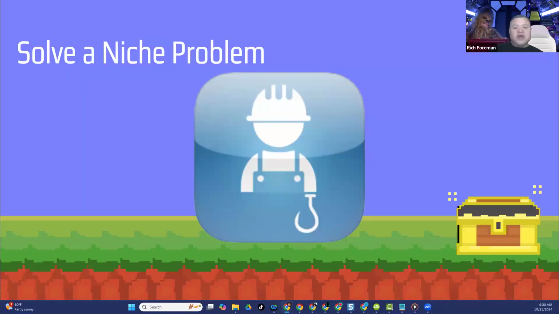I would suggest trying to solve a niche problem. And this is a logo for an app we developed a number of years ago. It's an app built for longshoremen. Longshoremen are the people that take stuff to and from ships. There are about 250,000 longshoremen in the United States.